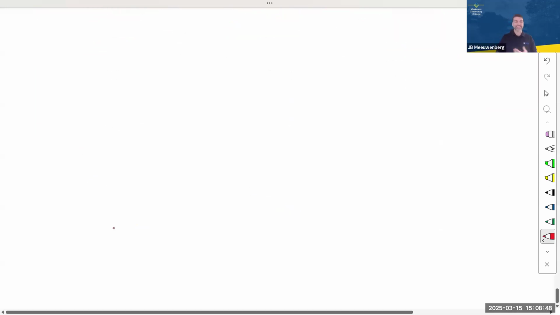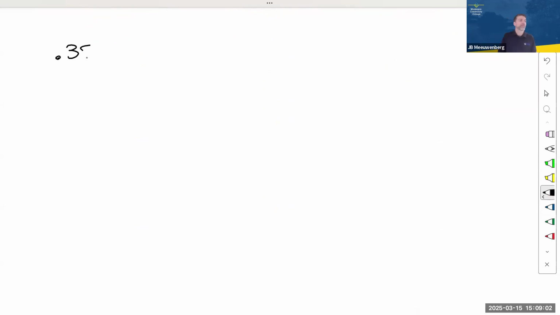And just to test this a little bit, I'll give you a decimal, and then what I'll ask you to do is rewrite it to a different last place value. So if we write 0.35, and I say, I want you to now write that same equal decimal number, but to the thousandths place.